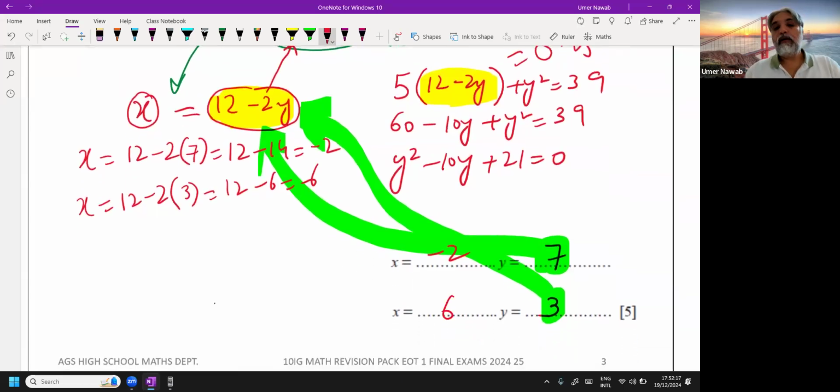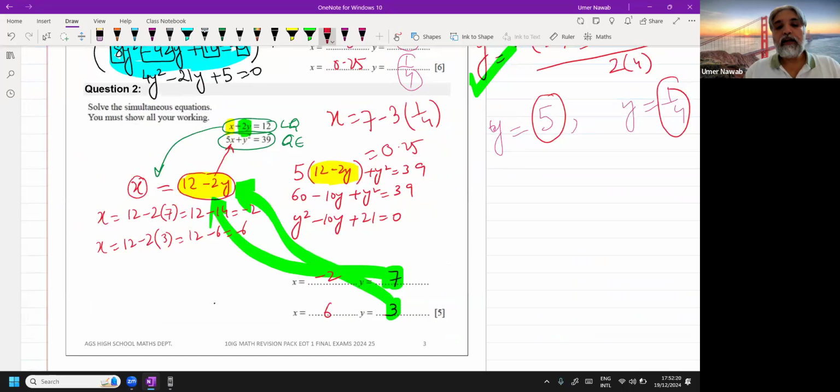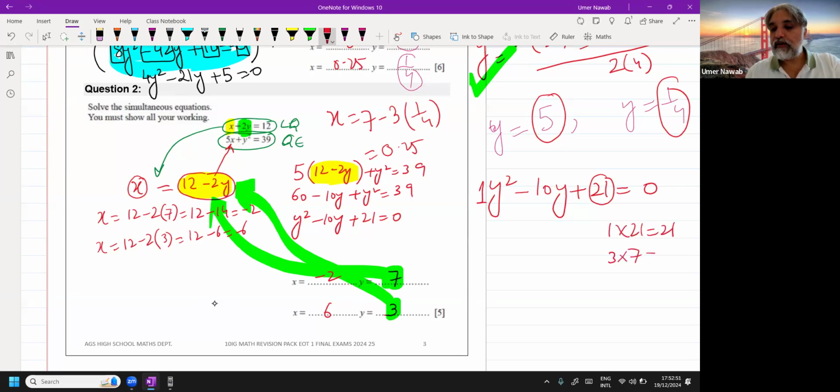So final answer is coming to me 6. So Alhamdulillah, guys, the idea has been given to you. If any student wants to practice again the method which I have taught you for factorization, let me give you a review. So the last number is 21. This is 1. Wonderful. So what are the possible pairs of 21 I can find? 1 times 21 is 21, and 3 times 7 is 21.